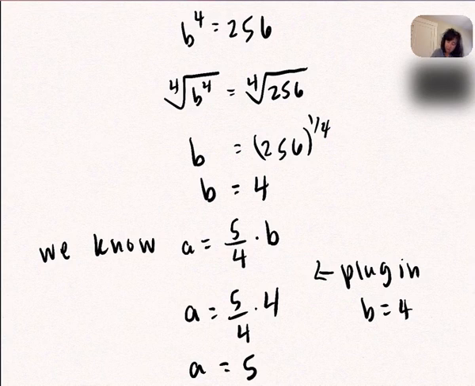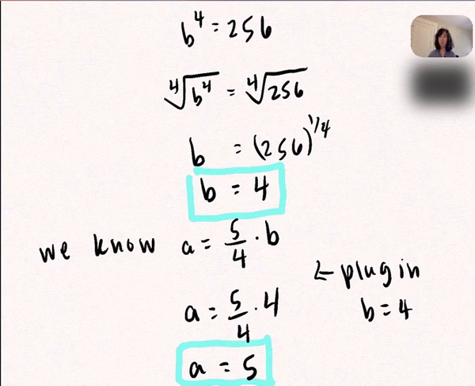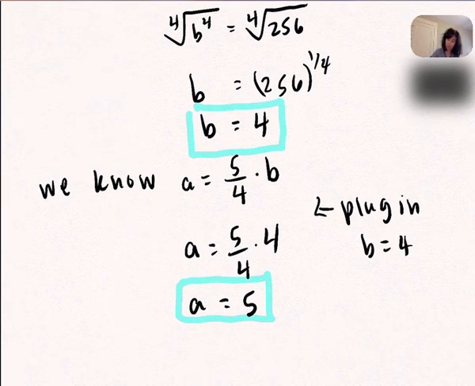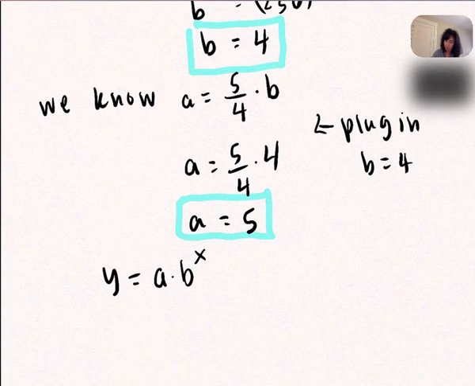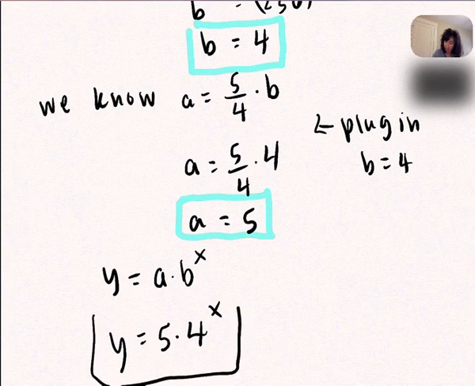So now we have b has to be 4 and a has to be 5 in order for our exponential function to pass through the 2 points given. In other words, if y is equal to a times b to the x, we want to have a equal to 5 and b equal to 4. And this exponential function here passes through the 2 points that we were given in the beginning.